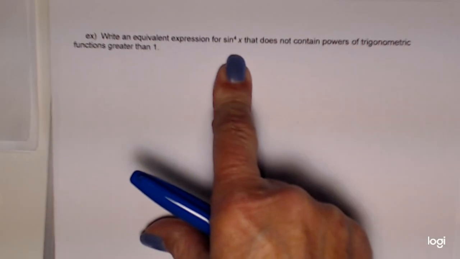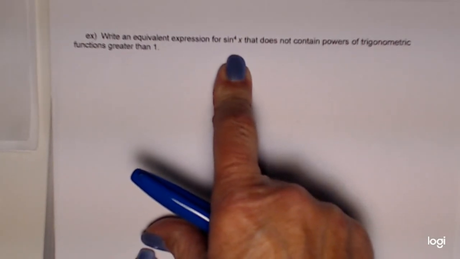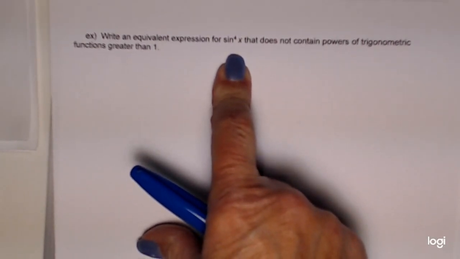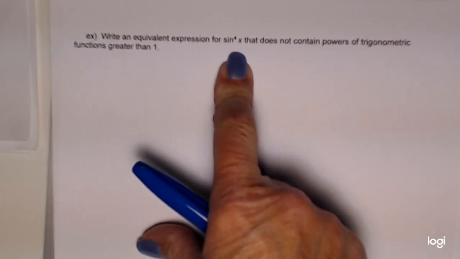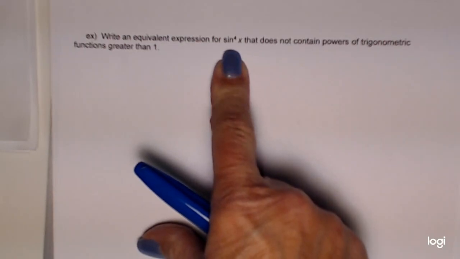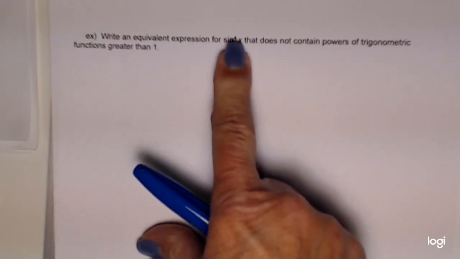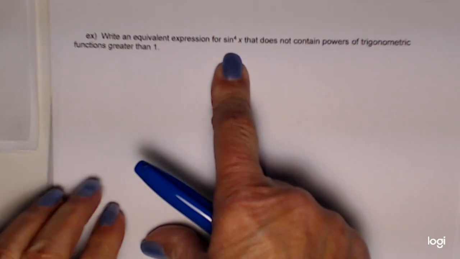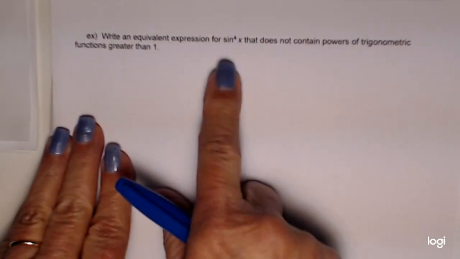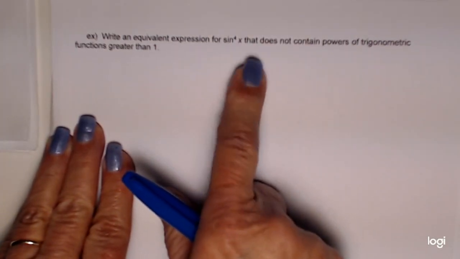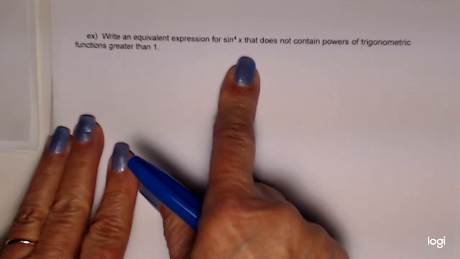It's going to save your life in some instances where you're looking to integrate a trig function and you're not able to touch it because the power of it is quadratic or something greater, and you have to be able to knock it down to its linear form. This power-reducing formula is what's going to save the day for you.